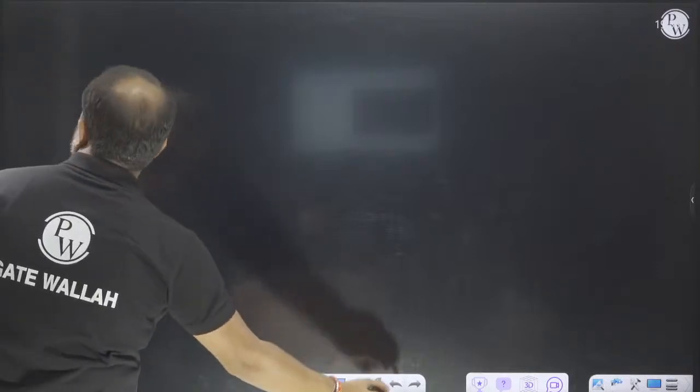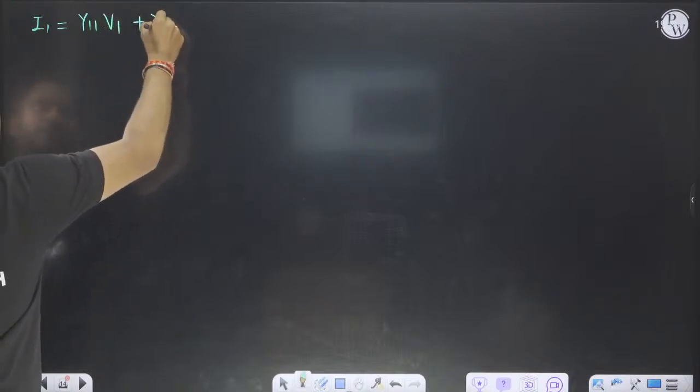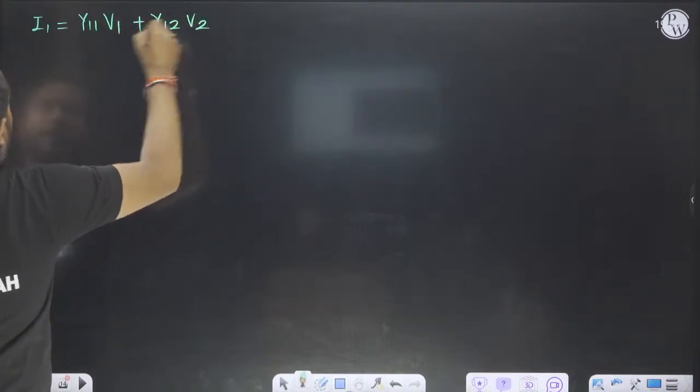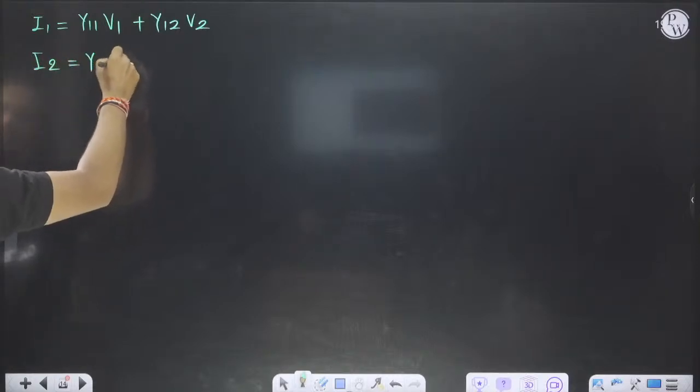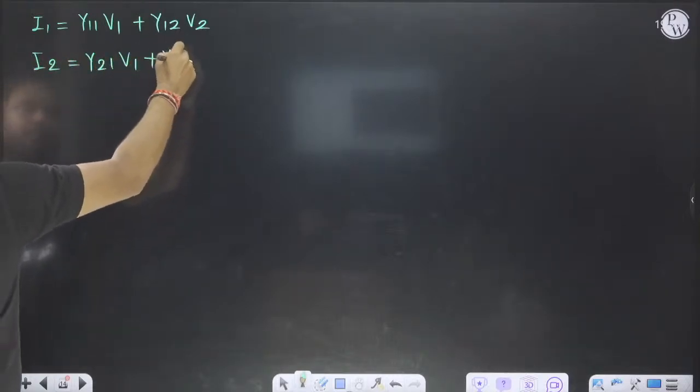Y parameters in terms of ABCD parameters. So this one is Z: V1, I1 is equal to Y11 V1 plus Y12 V2, and I2 is equal to Y21 V1 plus Y22 V2.